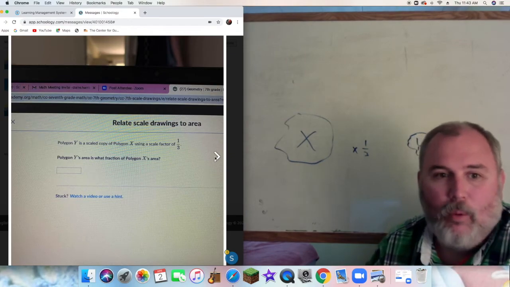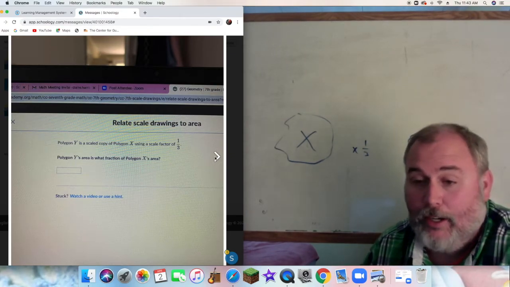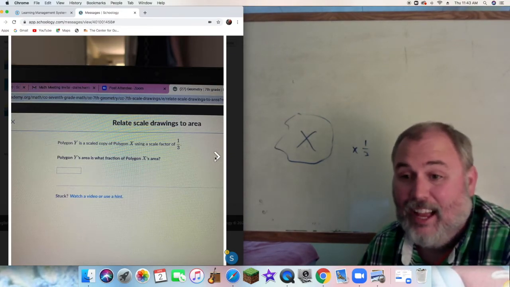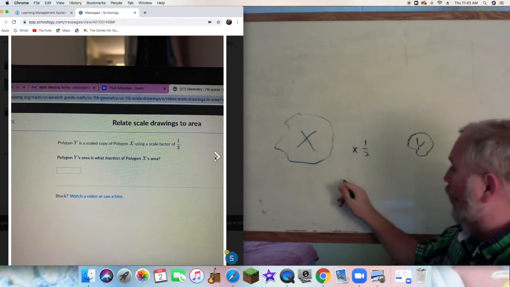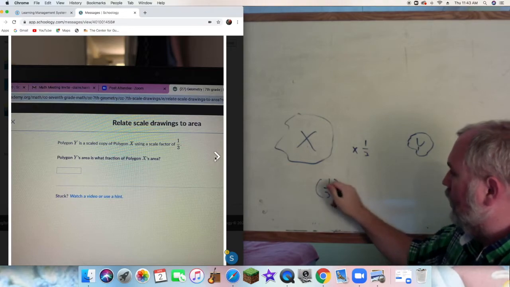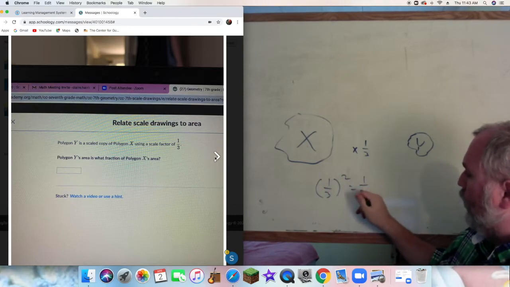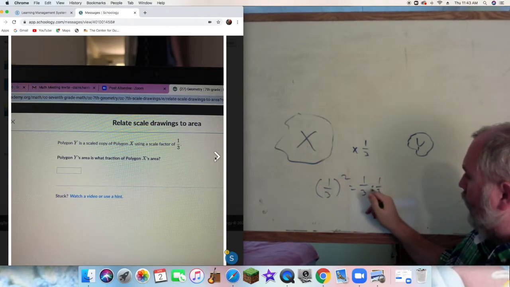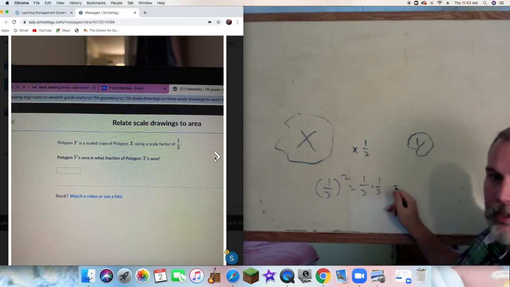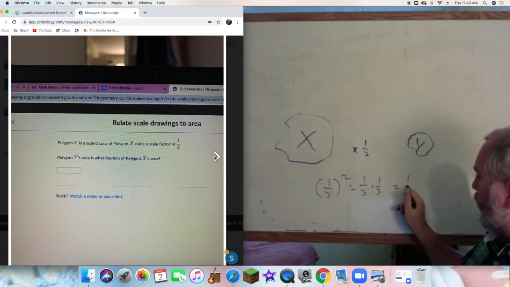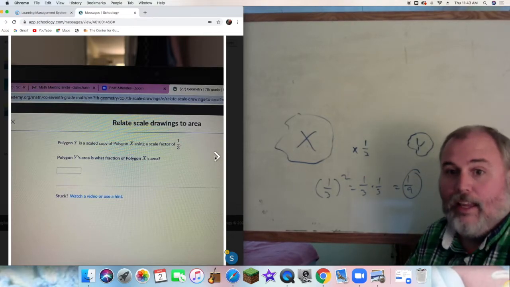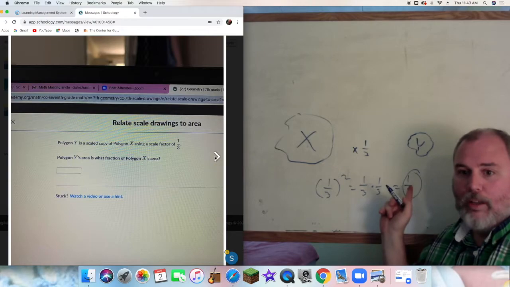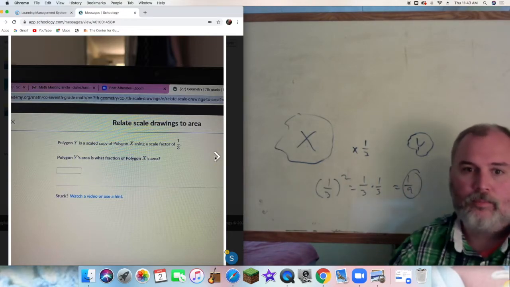But it's asking what fraction of the area it is. Well, again, it's just like the last problem. Take that scale factor and square it. 1/3 squared is 1/3 times 1/3, and 1 times 1 is 1, and 3 times 3 is 9. So the fraction is 1/9. Y is 1/9 of X.